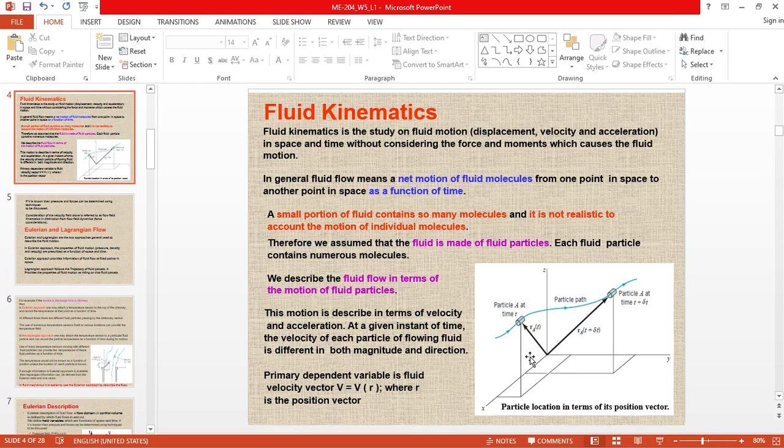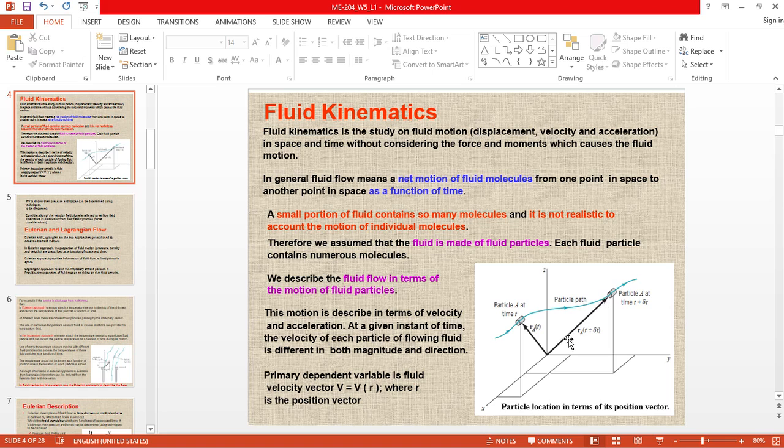Here you can see this is a particle A at time t. At time t this is the position of the fluid particle, and after time t plus delta t, the position of the particle changes.